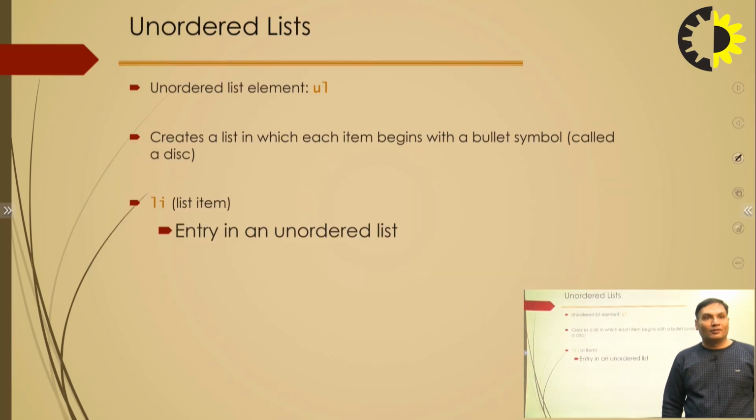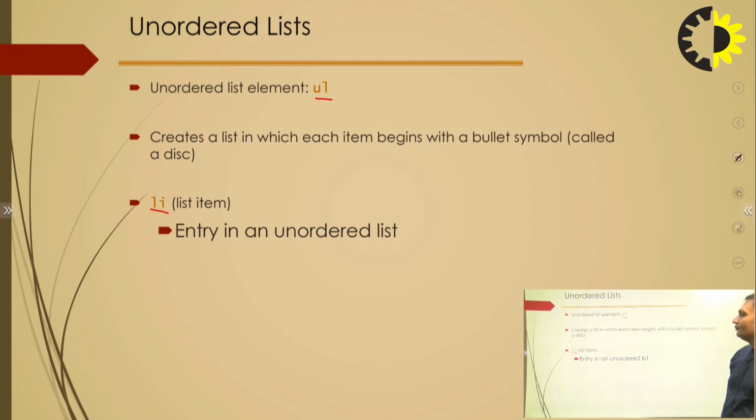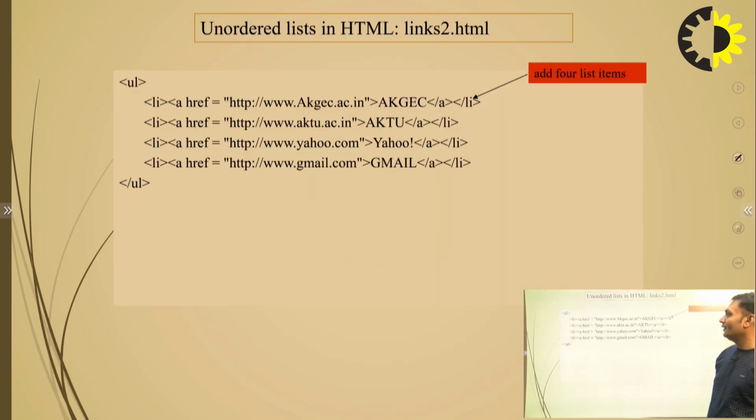Now come to the next tag, that is the list tag. A list in HTML can be of 2 types: unordered list or ordered list. If we talk about the unordered list, there is another sub element called the li element, that is list item. How will we create it?